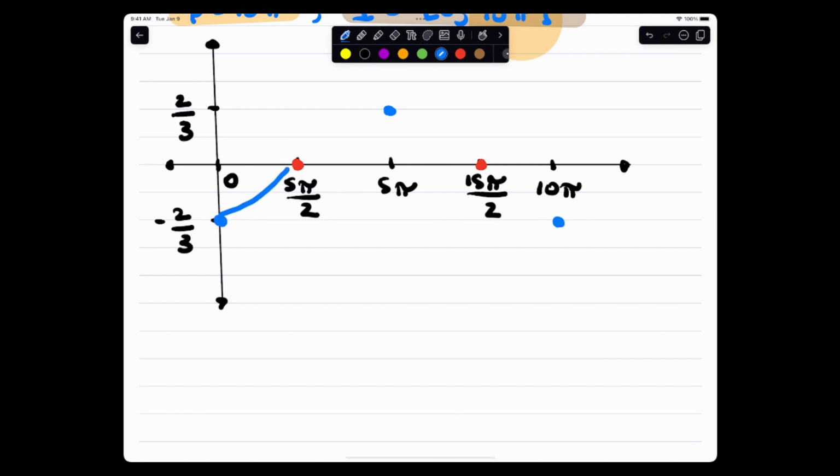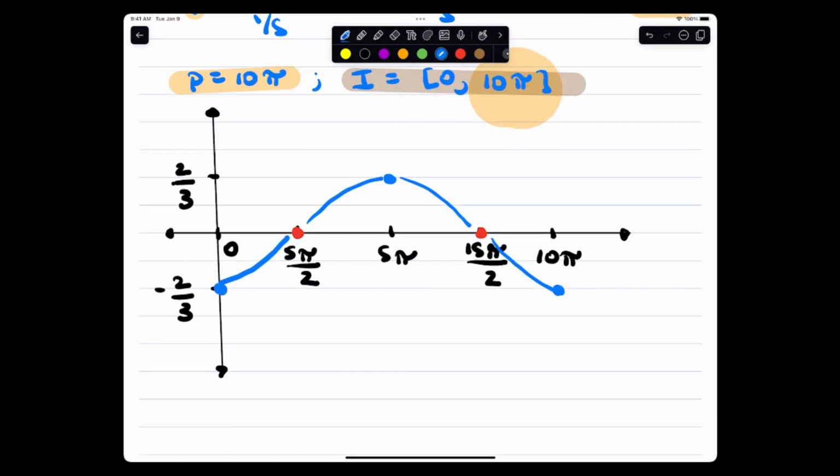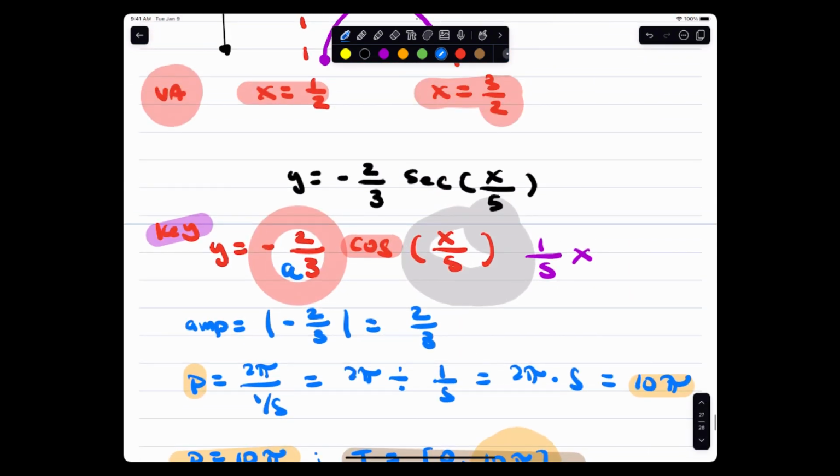Okay, so you're sketching minus cosine now. Okay, you guys okay with that? Here's the minus cosine curve. That's what we're looking at here.